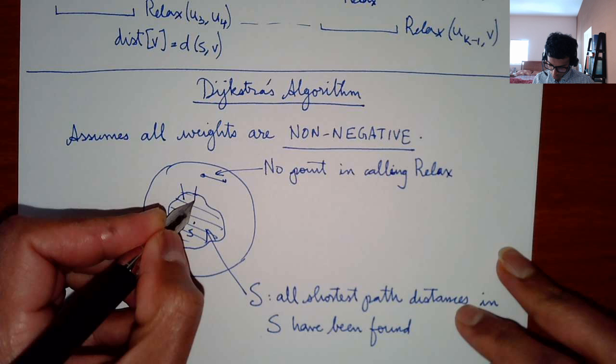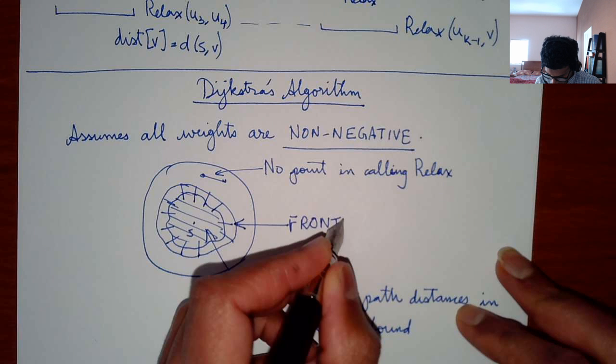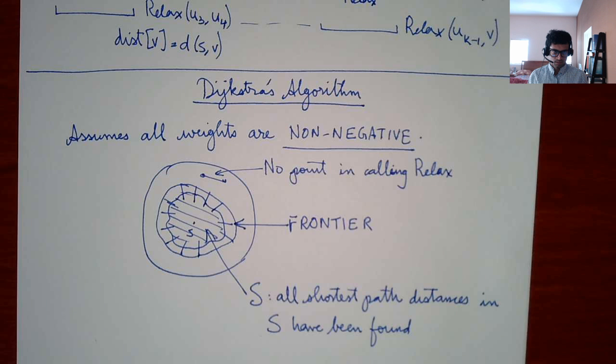Instead, look at these edges that are going out. And so I'm just going to draw a little boundary here. I'm going to call this the frontier. These are the vertices where shortest path distances have not been found, but their neighbors have shortest path distances that have been discovered.